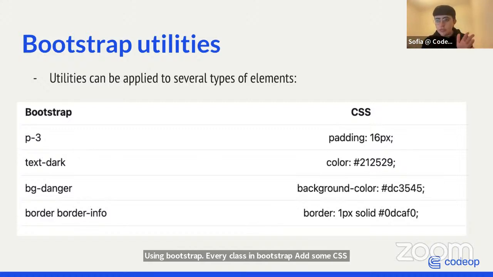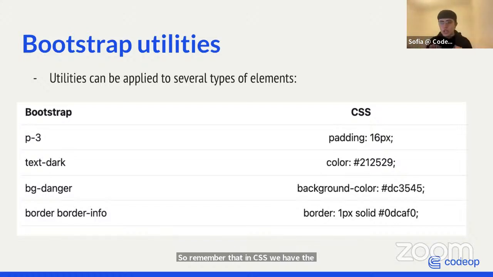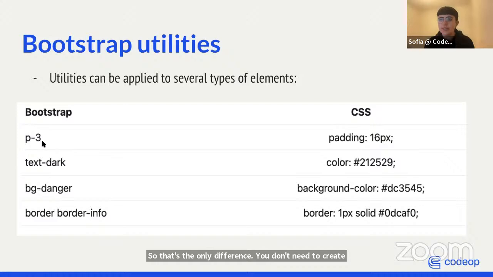It's just that it's not you writing the CSS code like what we did yesterday. Remember that in CSS, we have the selector, and then we use the curly braces, and then we pass the combination of the properties: colon, value, semicolon. That's the only difference. You don't need to create this bit of it. You just need to use the correct selector.